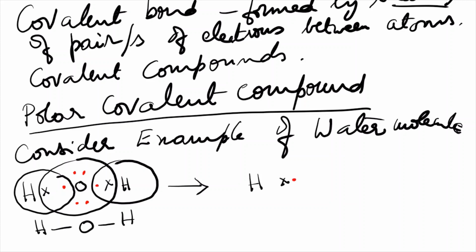Now this is your oxygen atom. It has 6 electrons like this.